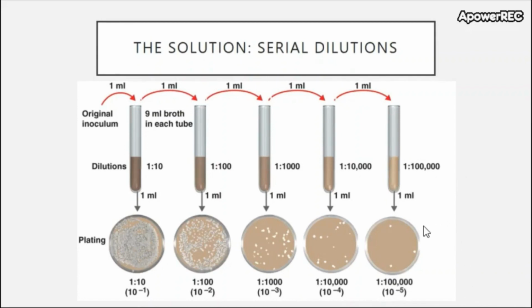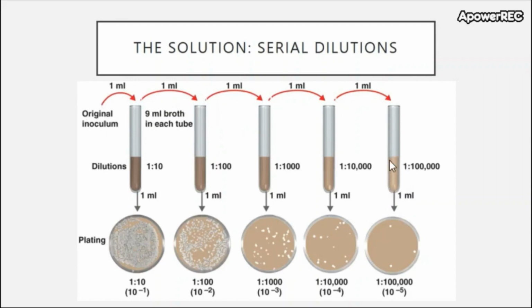So now let's reverse engineer how much bacteria we had in this original inoculum. On this last plate, we can finally count each individual colony forming unit. So we know that there were 3 bacteria per milliliter of this solution. But now we need to work our way back to the original solution.